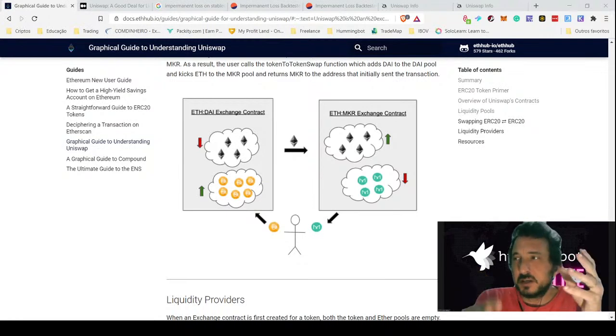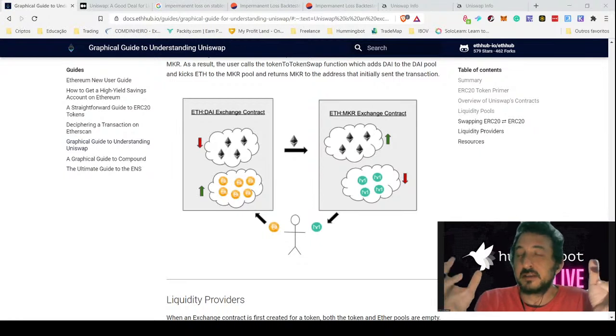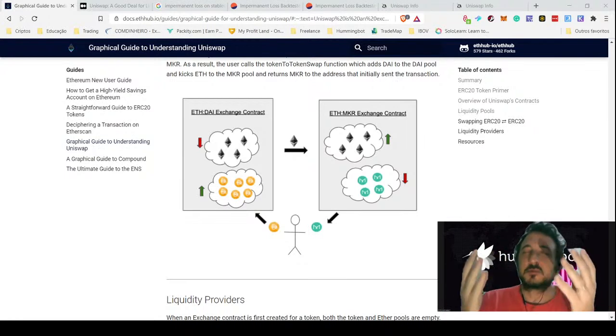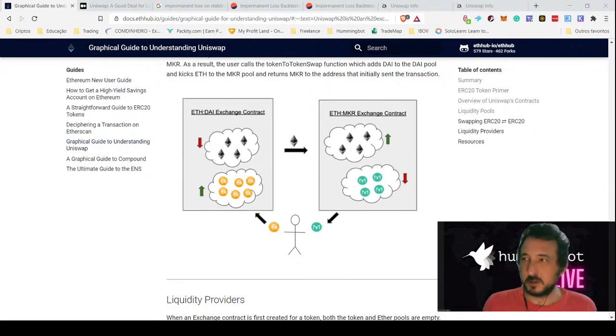So if he's trading the same assets that the pool has, he's going to take one asset and deposit the other asset on the pool.